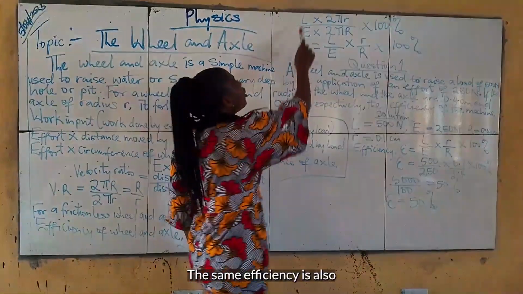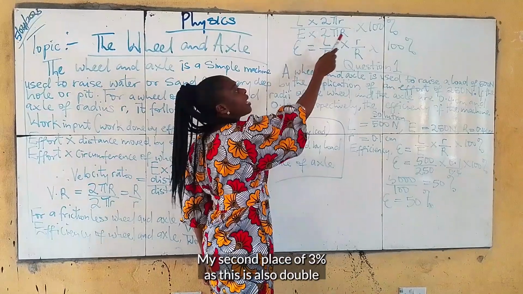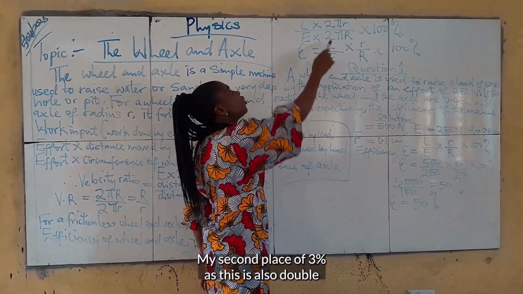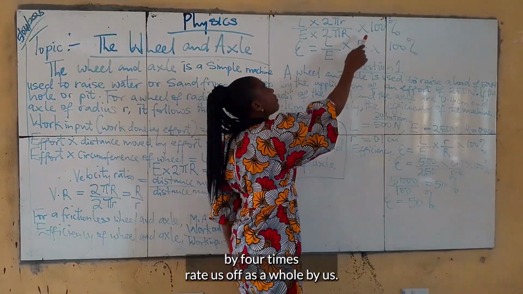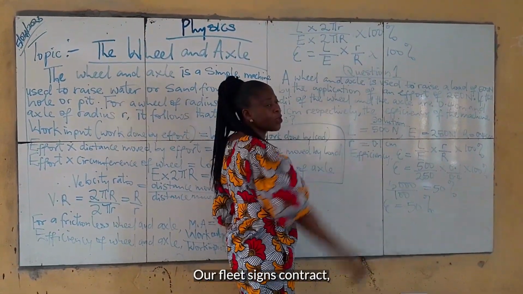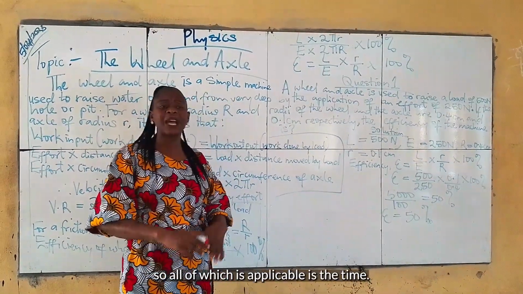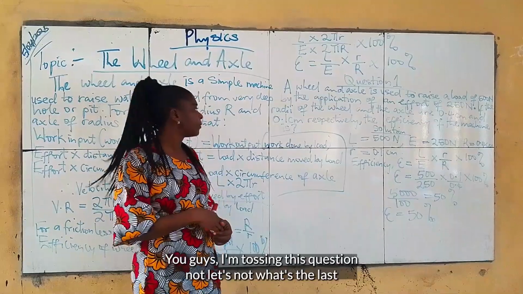Efficiency is also load times circumference of axle over effort times circumference of wheel times 100%. Efficiency is also load over effort times radius of axle over radius of wheel times 100%. So whichever formula is applicable is determined by the parameters in the question.